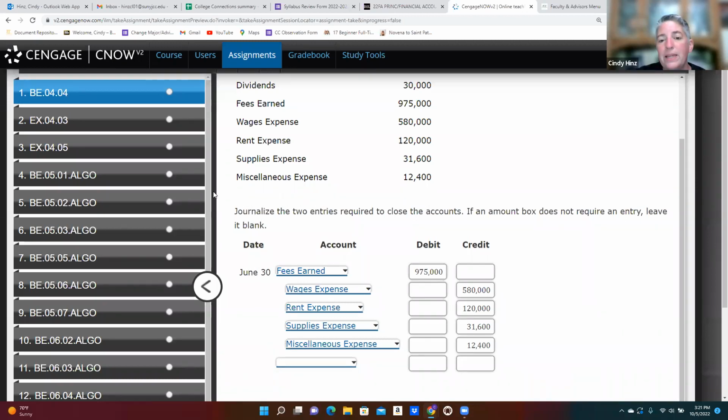Now I have all of my revenue and my 4 expenses. But remember, every journal entry has to have equal dollars debited and credited. This is a compound entry because there are a bunch of credited accounts here. I just don't know how much the total of these 4 expenses is, so I'm going to add those up quickly here.